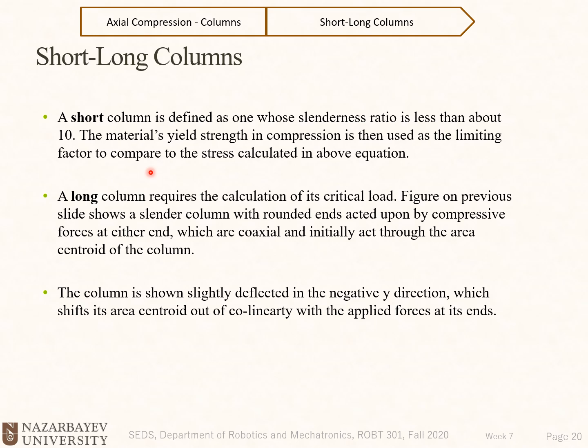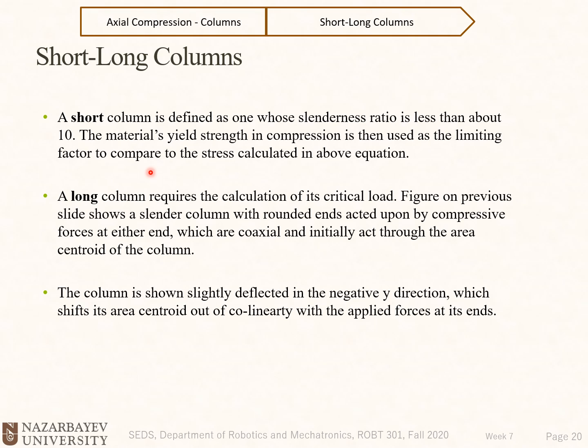The figure on the previous slide shows a slender column with rounded ends acted upon by compressive forces at either end, which are coaxial and initially act through the area centroid of the column.